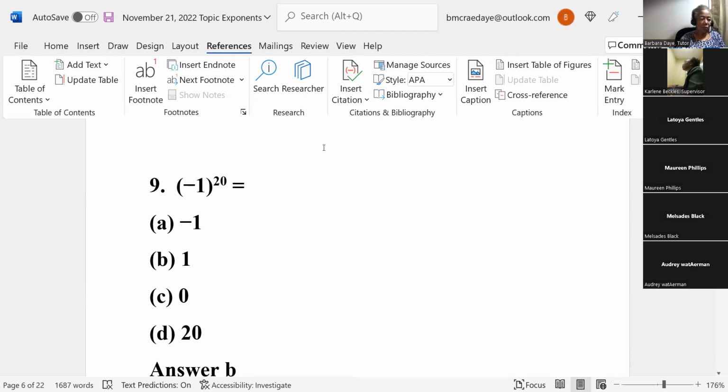Can you repeat that, miss? Okay. If you raise minus 1 to a power, if your power is an even number, your answer would be just 1. If it is an odd number, your answer would be negative.